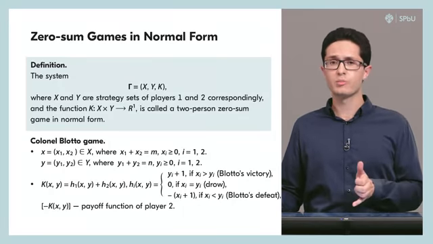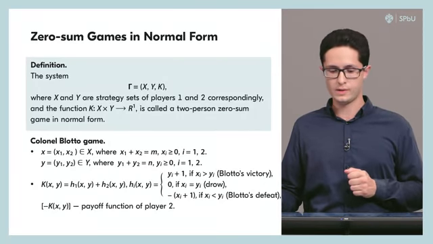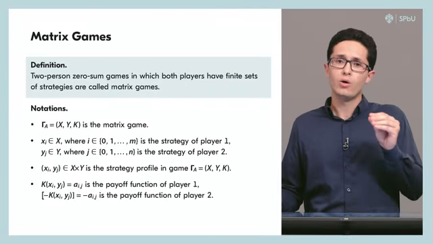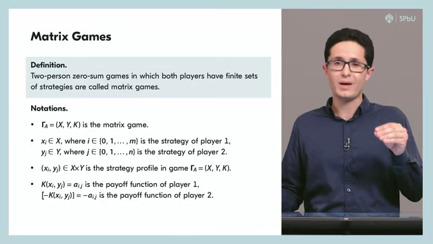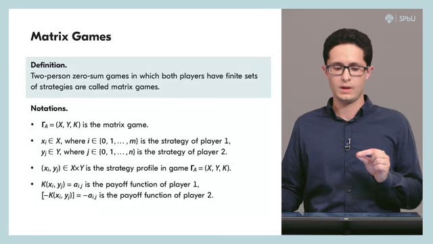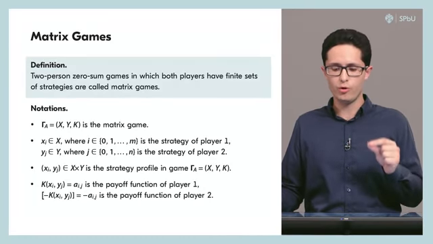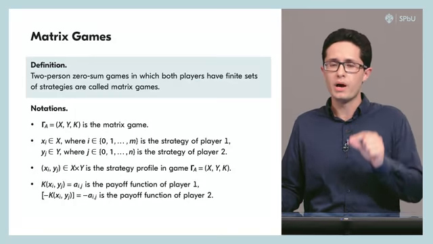The payoff of the second player is calculated according to the formula presented on the slide. For the Colonel Blotto game, we can also construct a matrix game. The two-person zero-sum games in which both players have a finite set of strategies are called matrix games.